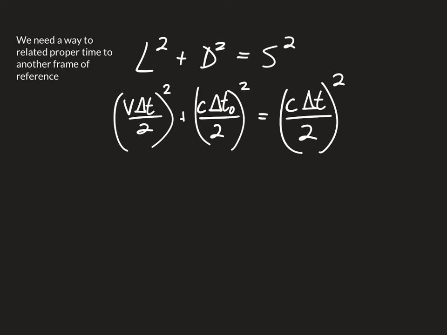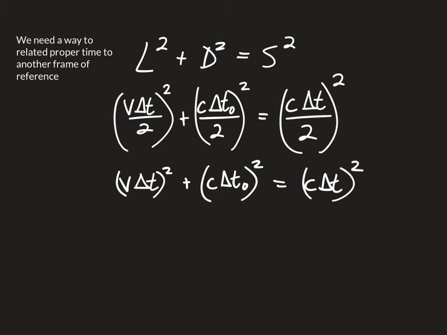And of course, since everything is over a 2 squared, we could just drop that denominator, okay? And now it's kind of flat, and this is intermediate algebra. This is not difficult stuff. And so if I want a way to relate, we need a way to relate it.